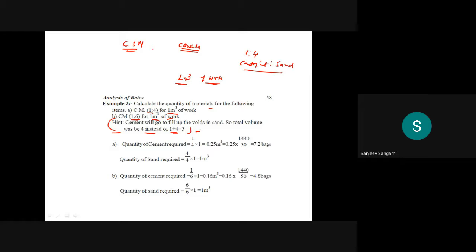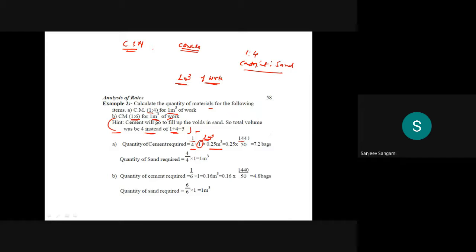So whenever this is 1 divided by 4, don't divide it by 5, you calculate it for 4. Okay, so then for the total volume, 1 meter cube of work they are doing, it will become 0.25 meter cube.